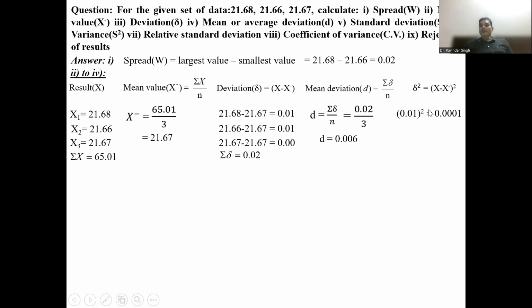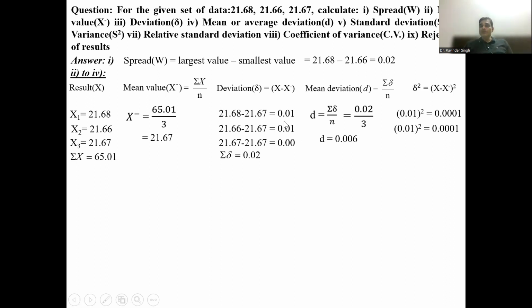Now what we will do? We will take delta square is equal to x minus x bar whole square. So what is the delta here? Delta here is for the first value, देखो for the first value 0.01. So 0.01 square, that comes out to be, देखो that's the value 0.0001.